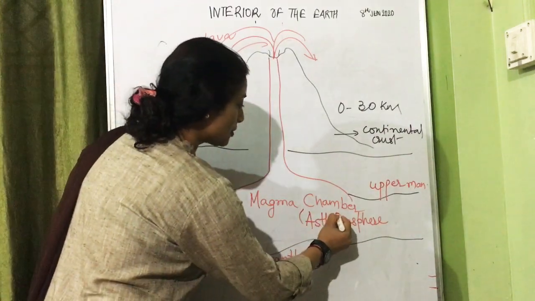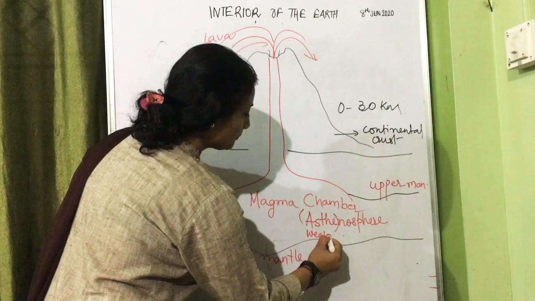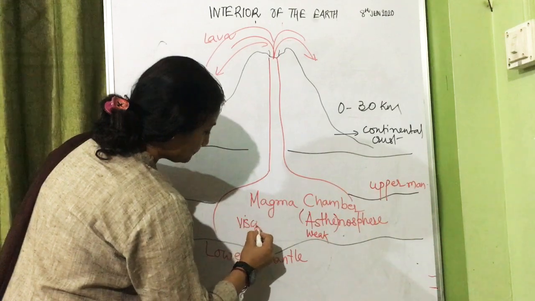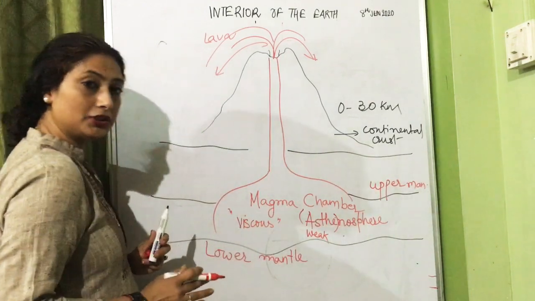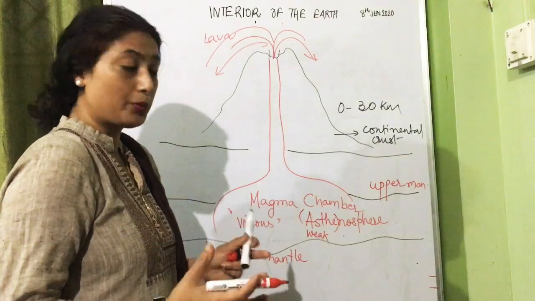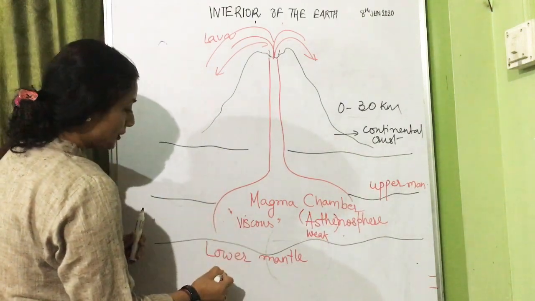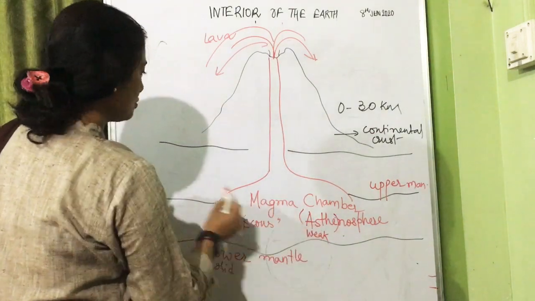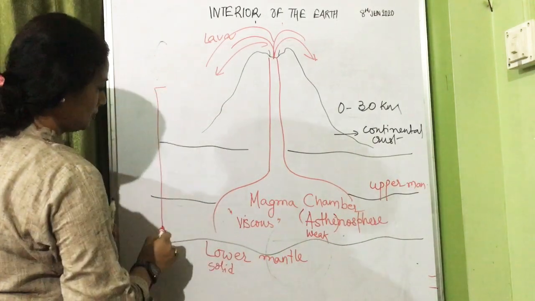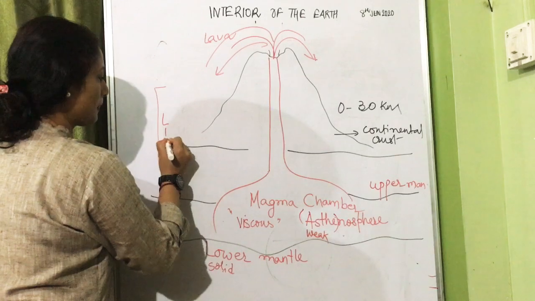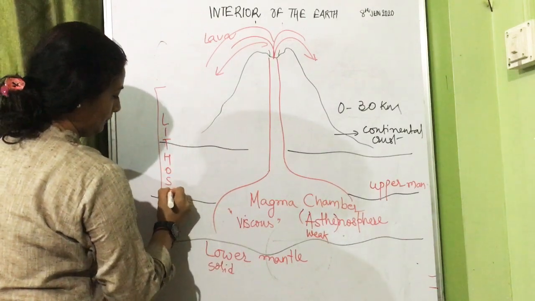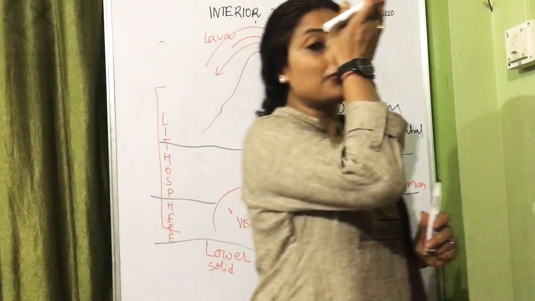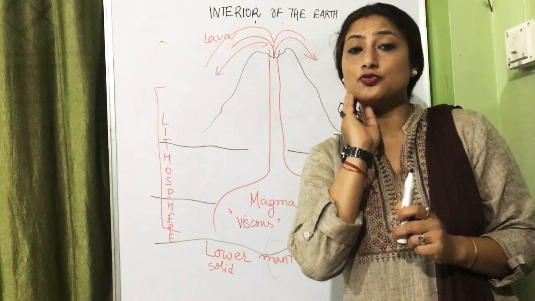Because the word asthenosphere, or asthen, means weak zone. It's viscous in nature, or you can say semi-liquid in nature, and the layer below it is solid. This layer of asthenosphere and the crust together is known as lithosphere.